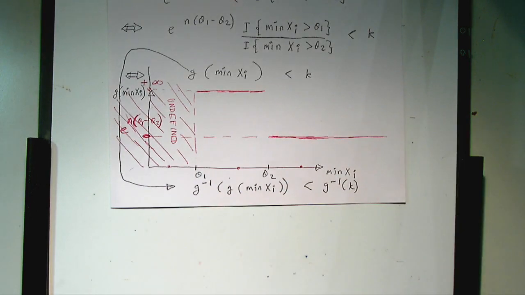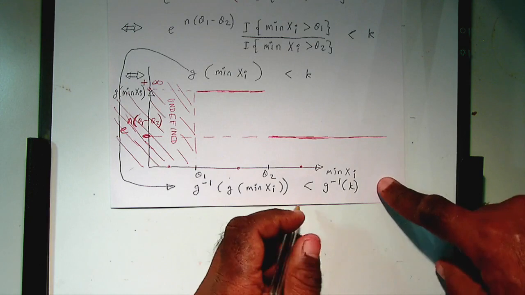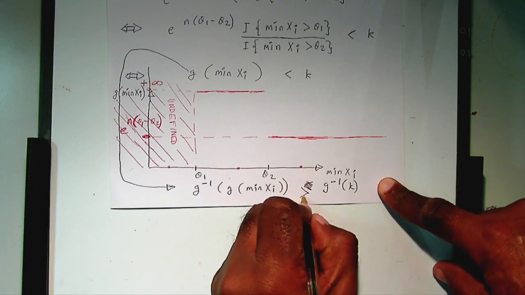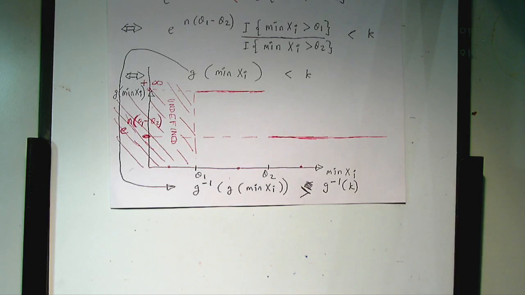I'm going to multiply it by the inverse function of g on both sides. But g is a decreasing function. When you take the inverse of a decreasing function, you need to change the signs around.